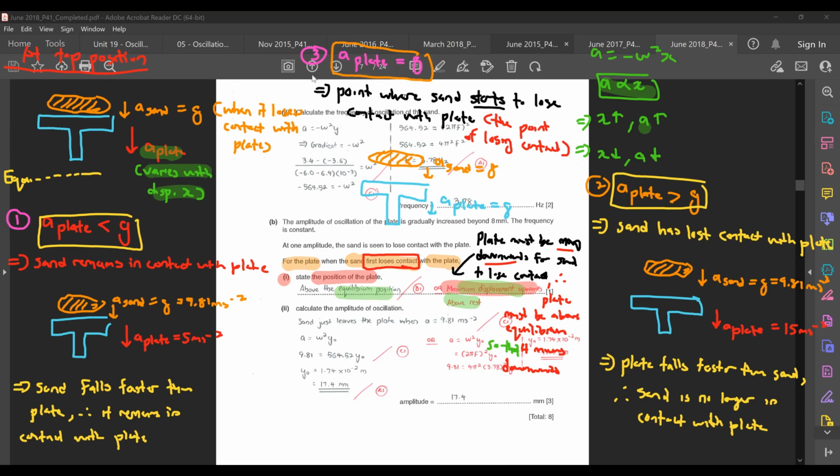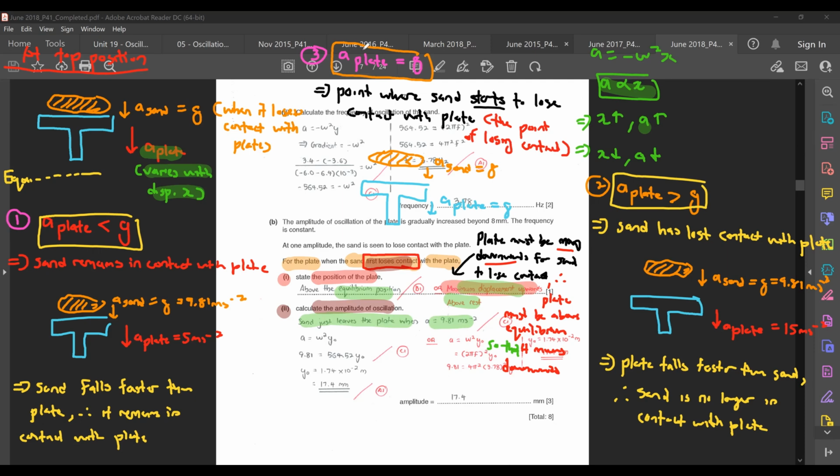Then for part 2, calculate the amplitude of the oscillation when your plate first starts to lose contact. So just now I already explained to you, your sand will just leave the plate at the point when its acceleration is 9.81 meters per second squared. The acceleration of the plate is 9.81 meters per second squared.